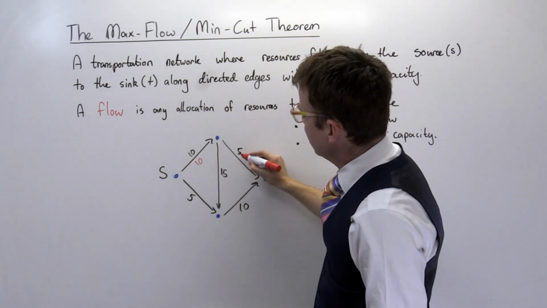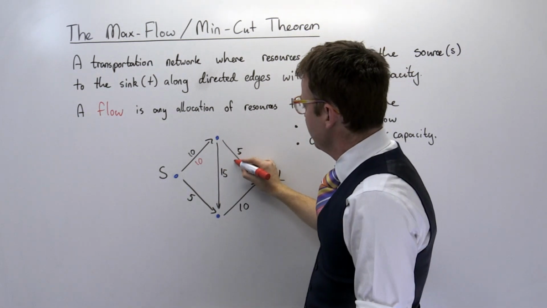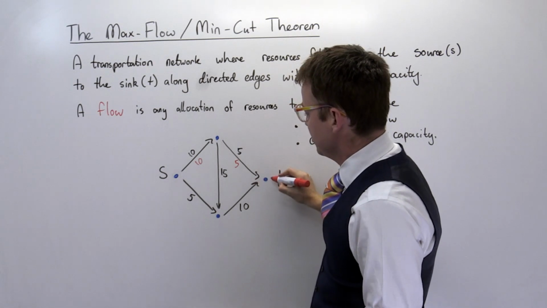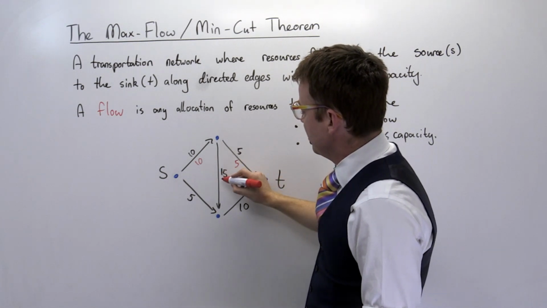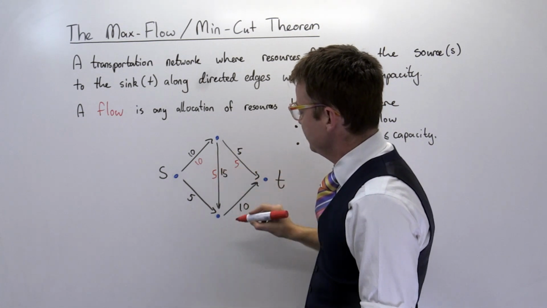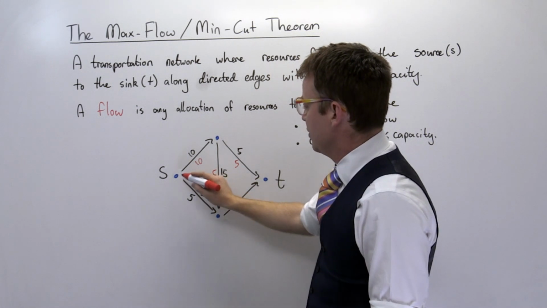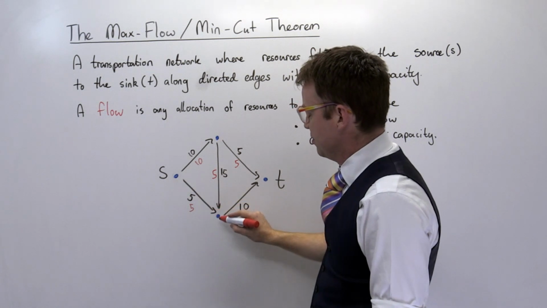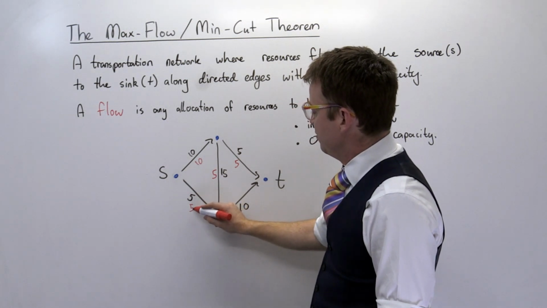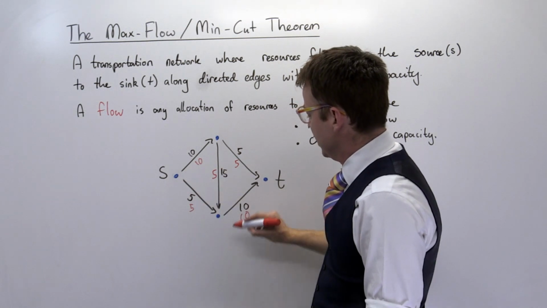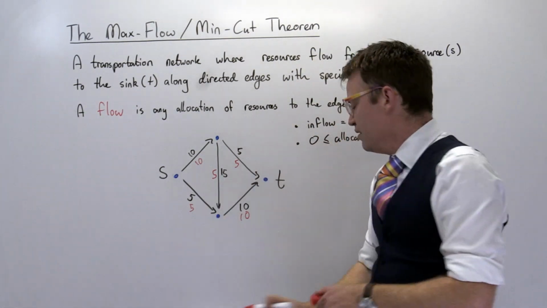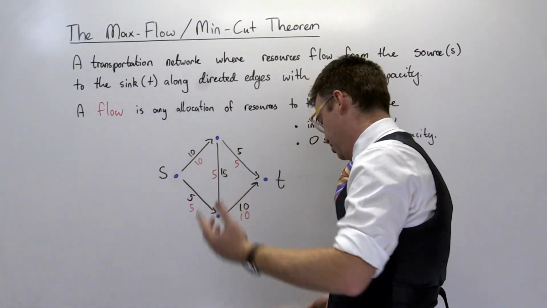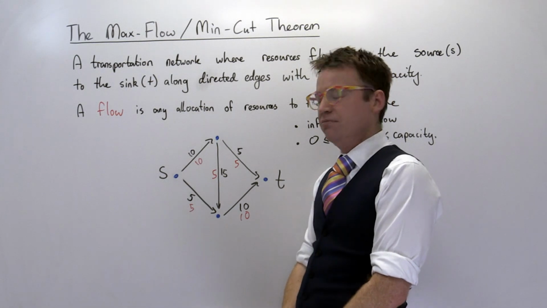If I push 10 in, then I need to push 10 out, so I can put 5 down here, get it to the sink, and the other 5 has to go down this edge. Okay. I can also push 5 down this edge, so right up to the maximum capacity there, and 10 is going in, which means I can put 10 out, and I think that's pretty good. I think that's a pretty good flow.